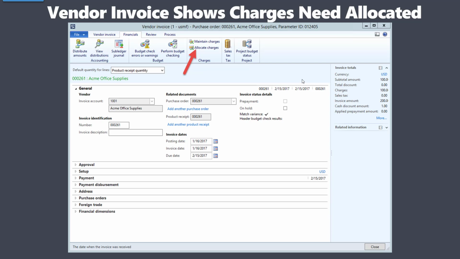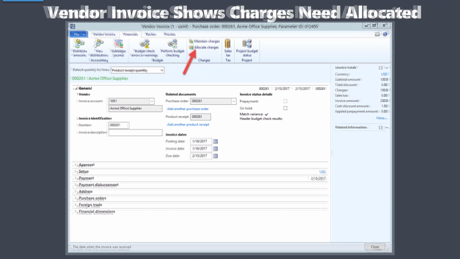If it just goes into an expense item, it will not have you allocate. So if the other side is pointing to the inventory or item itself, it will make you allocate. The allocation then will take the freight at the header and allocate it typically down the different lines.